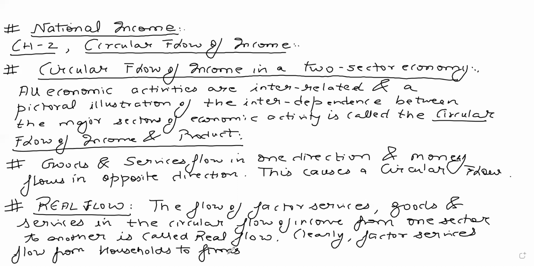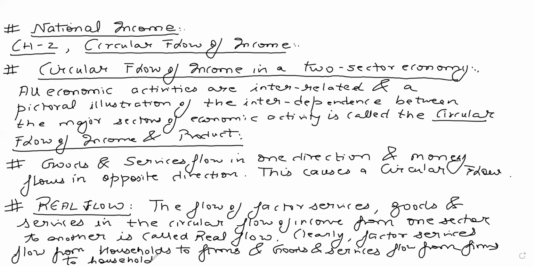So factor services are flowing from households to firms. Okay, and goods and services flow from the firms to the households.